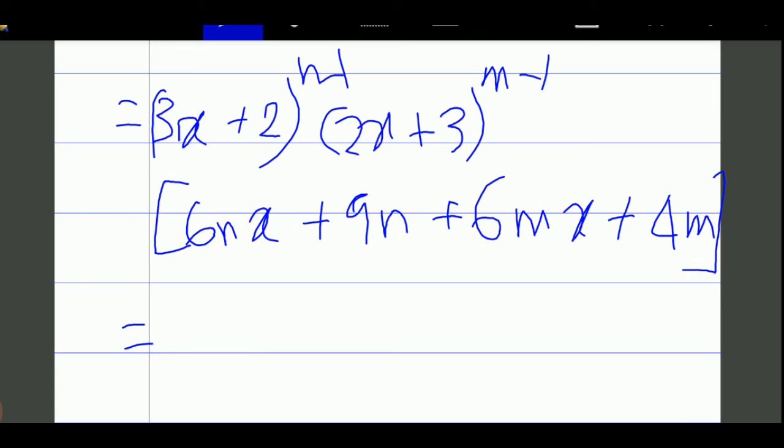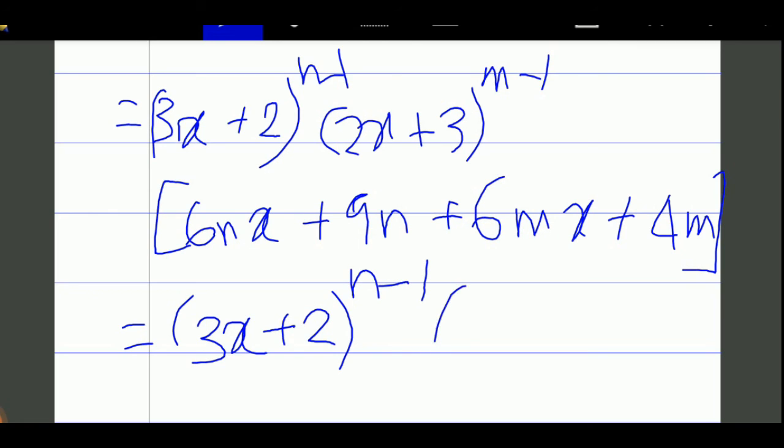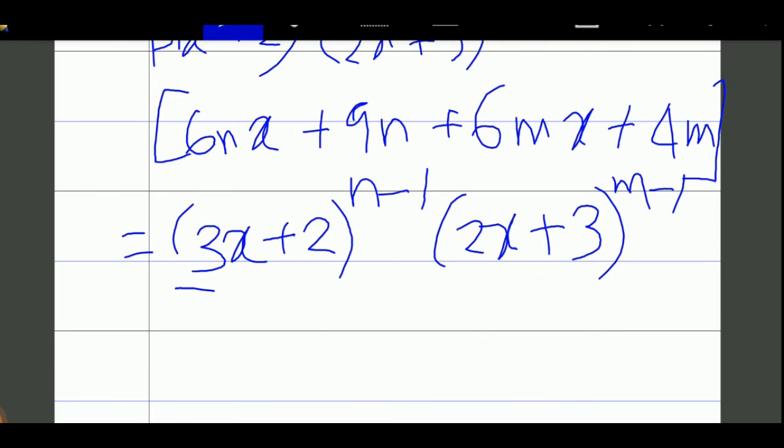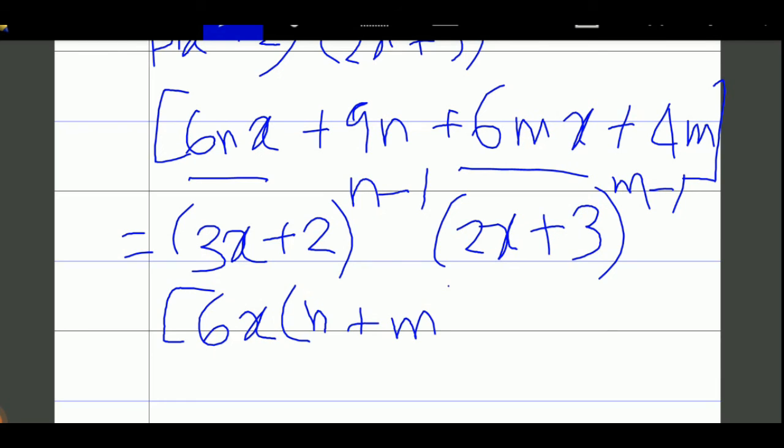So this becomes (3x + 2)^(n-1) into (2x + 3)^(m-1) into, from this x and this 6, you can take common 6 also. 6x becomes (n + m) remains, plus 9n plus 4m.